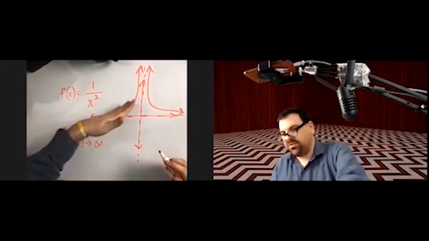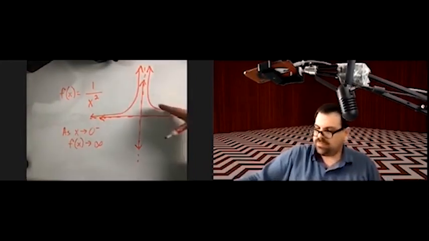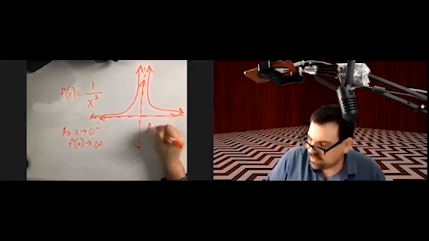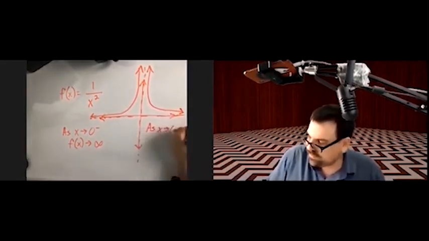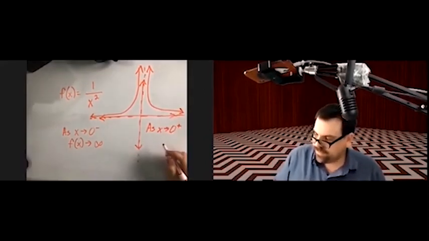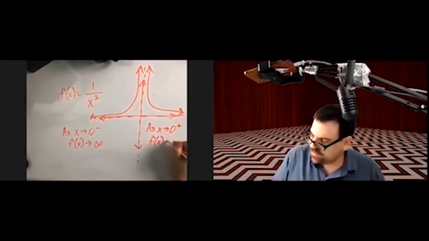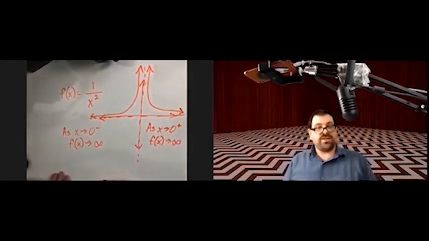As x approaches 0 from the left, it curves up. As x approaches 0 from the right, from the positive side, f of x also approaches infinity.